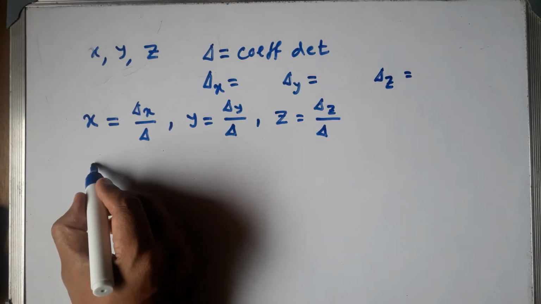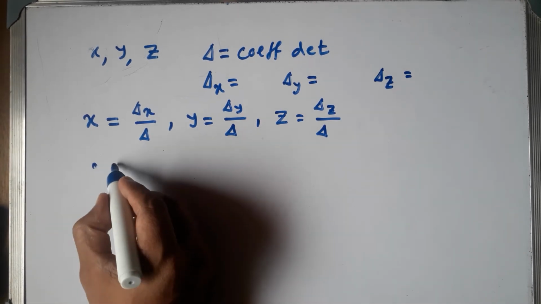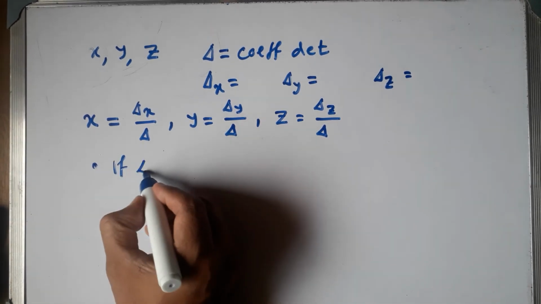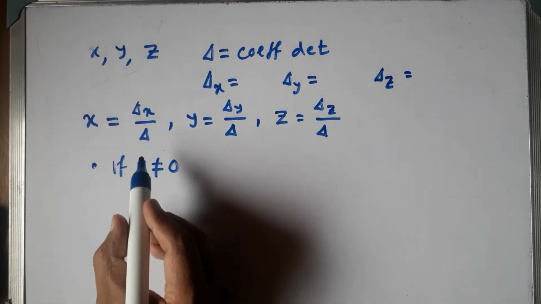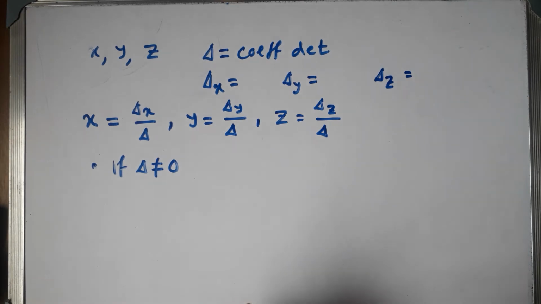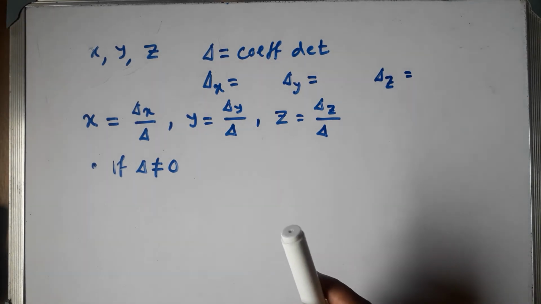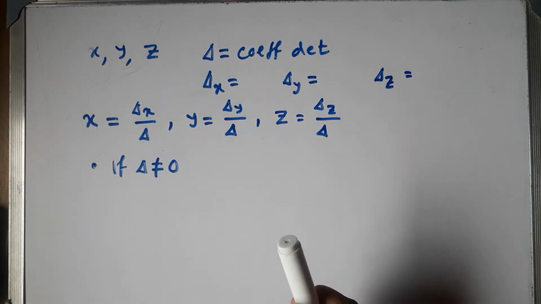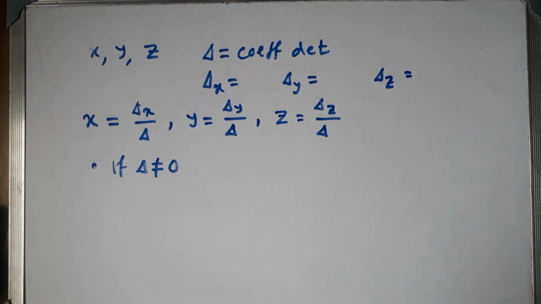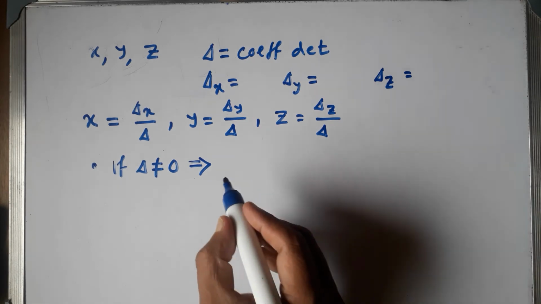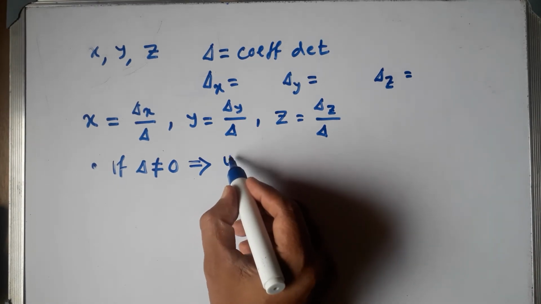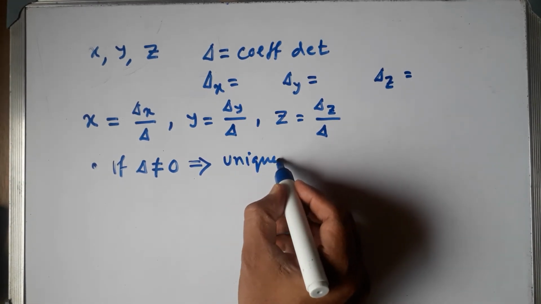Number 1: if delta is not equal to 0, meaning the denominator is non-zero, then the system will have a unique solution.